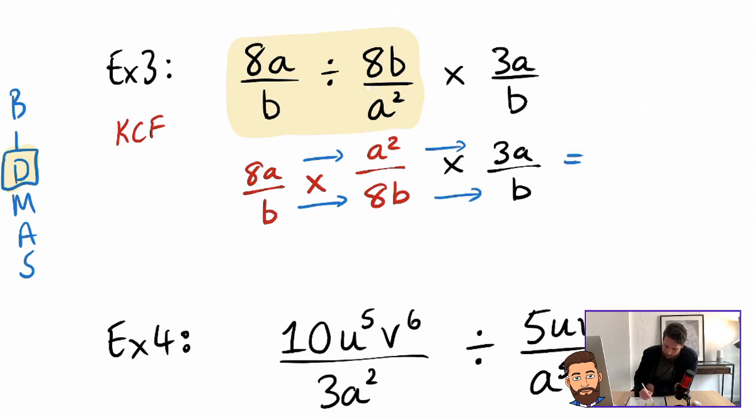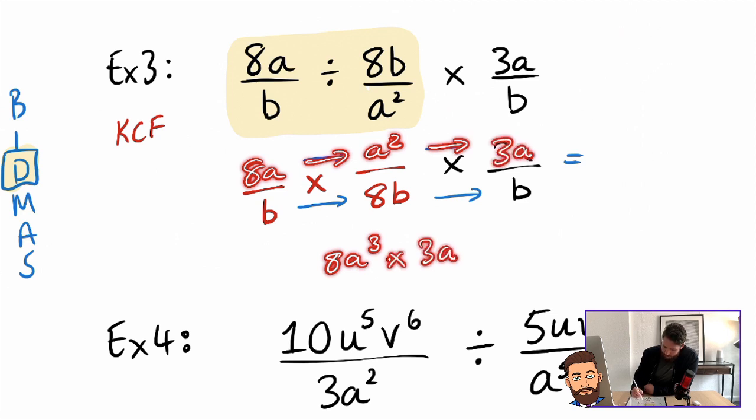So we've got 8a times by a squared, which is 8a cubed, times by another 3a. So if I times that by 3a, 8 times 3 is 24, and a cubed times by a is a4. And the reason for that, remember, is technically there's a power 1 on this a. And when you have the same base of a and you're timesing, the rule says we add the powers.